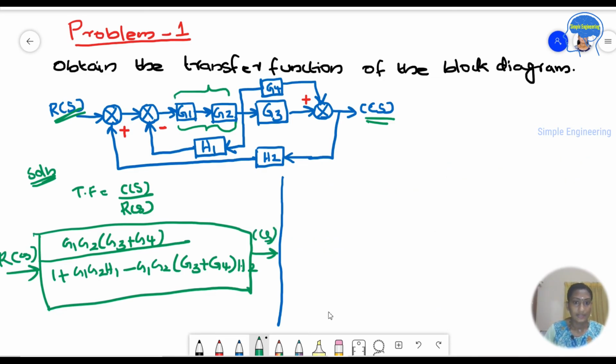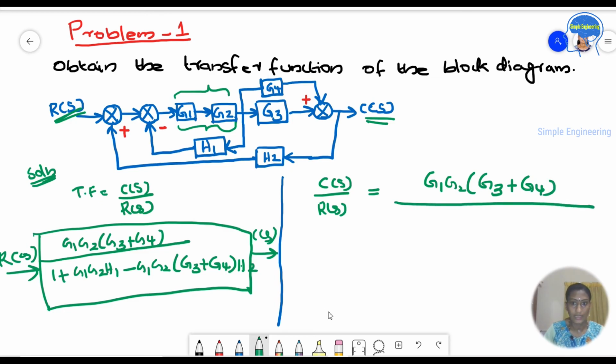So your final answer, we have to find the transfer function, that is C of S by R of S, which is equal to G1 G2 into G3 plus G4, the whole divided by 1 minus G1 G2 H1 minus G1 G2 H2 into G3 plus G4.